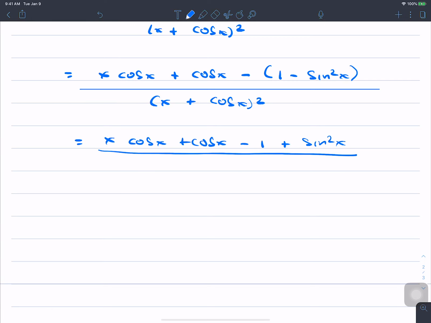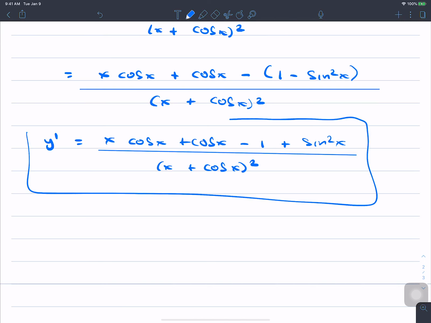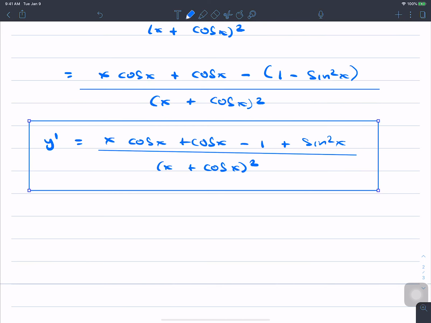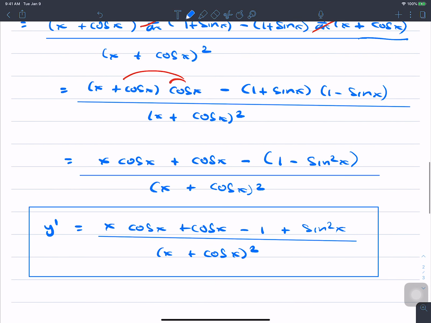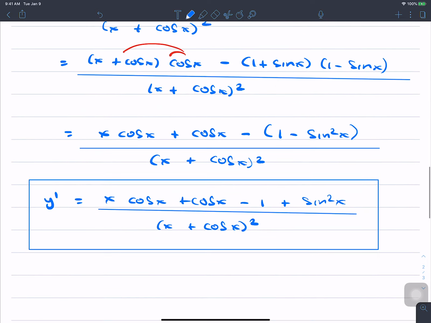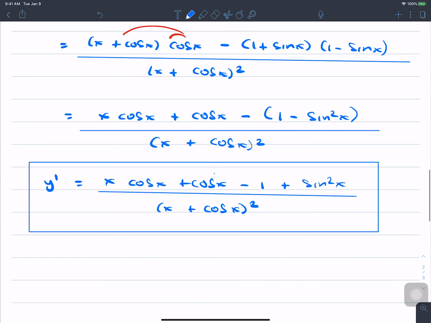And it looks like there's nothing really more we can do. Let me double check, see if we did everything okay. Let's see. x cosine x, we got that, plus cosine, oh, there's a cosine squared. I apologize. There is some simplification here. Cosine squared here, ladies and gentlemen.